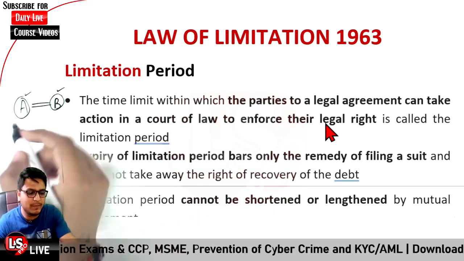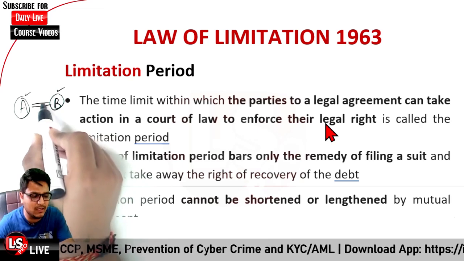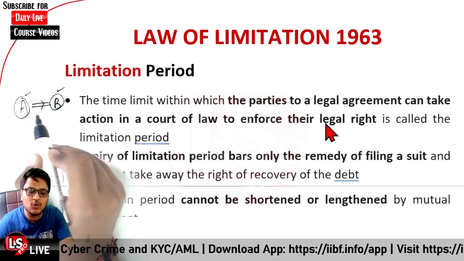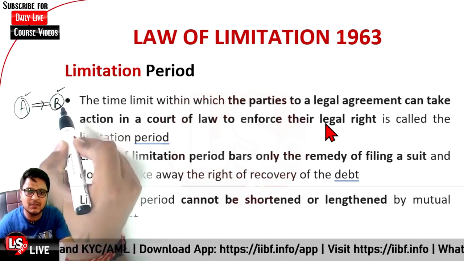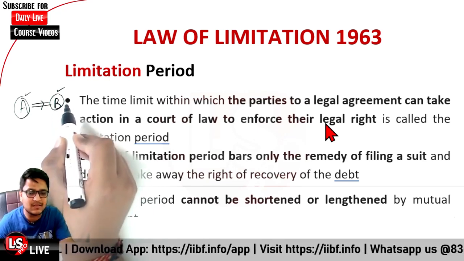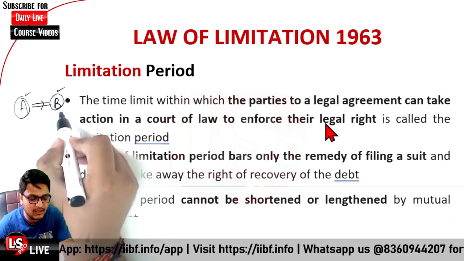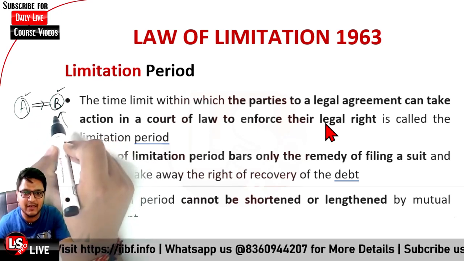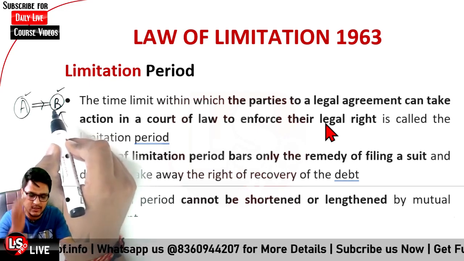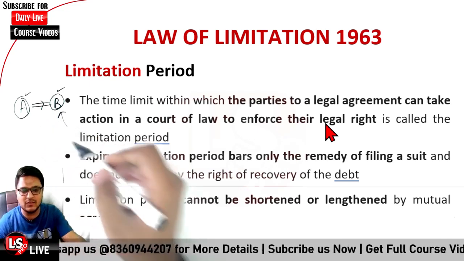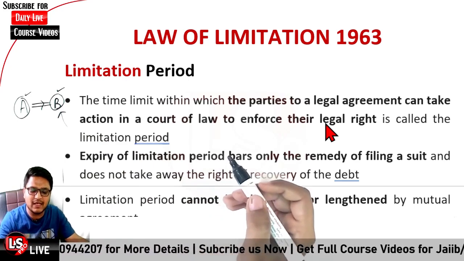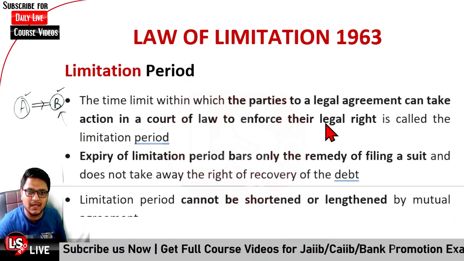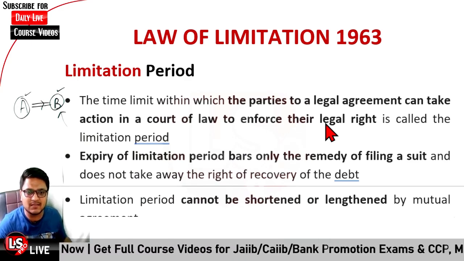Okay, so if bank has granted a loan to person B and the limitation expired, it means that A cannot go for legal remedy against person B, but in case there is some recovery in account of A, A has every right to recover the amount, as we read in the case of right of set off, as in the case of pledge.